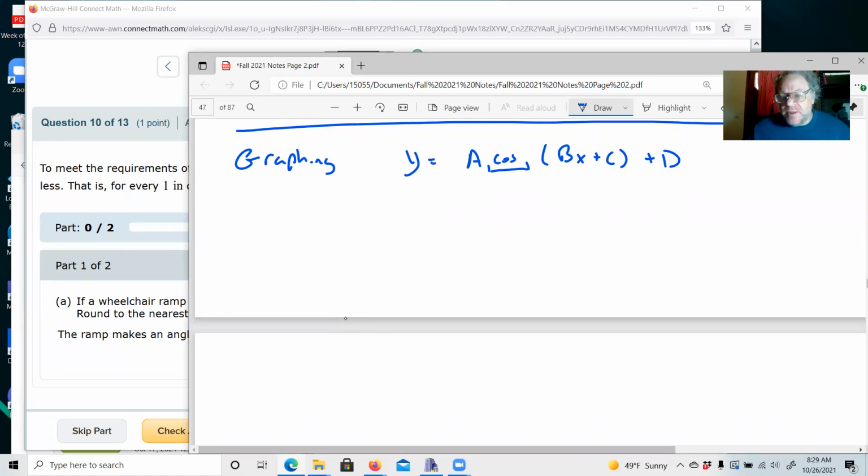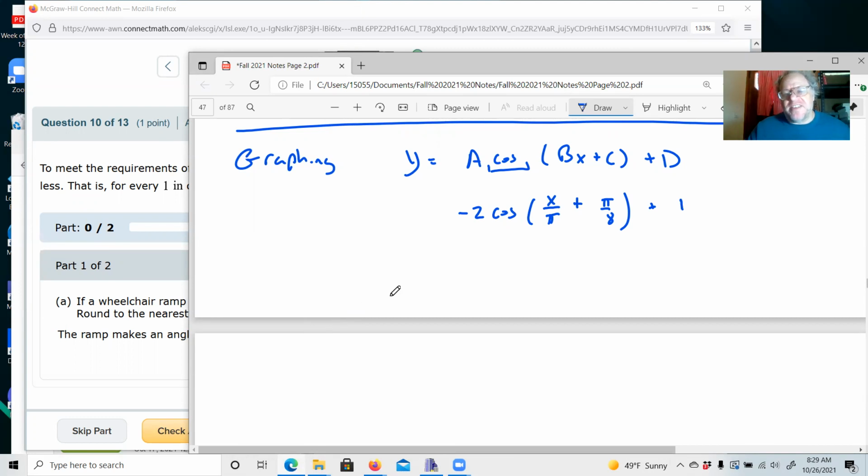So say I do something like negative 2 cosine of x over pi, plus pi over 8, plus 1.